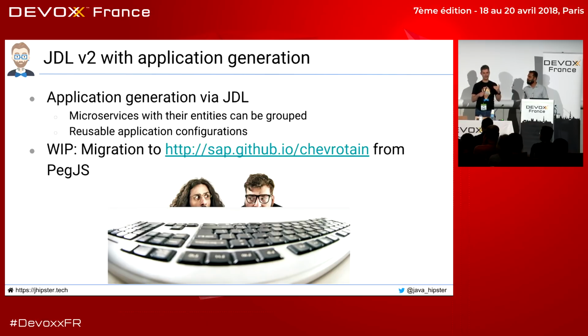The idea is that when you do a microservices architecture, you could generate a whole architecture just with the GDL. So you would not just generate entities inside an application. You could generate a whole architecture of several microservices all working together. So it's going to be much more advanced than what we used to have. It's also going to be easier for us to share our code between us. So that's also something we will work on.